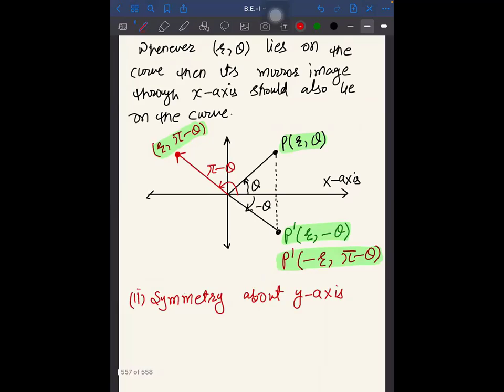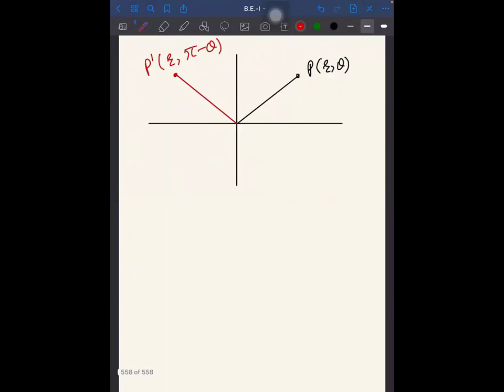If you reach over here, then this will be the point minus r, minus theta. Now if you flip back through r, that means you take r to minus r, then another form of P dash would be what? Minus r, minus theta.